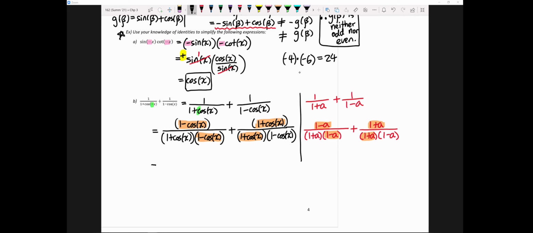Now with the same denominator, we can add the numerators. So let's keep the denominator. And now we can combine the numerator: 1 minus cosine of x plus 1 plus cosine of x.